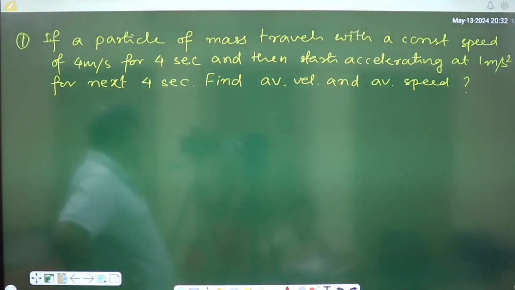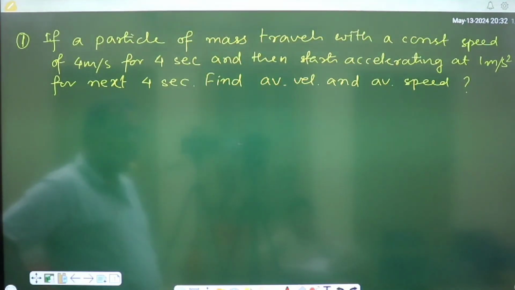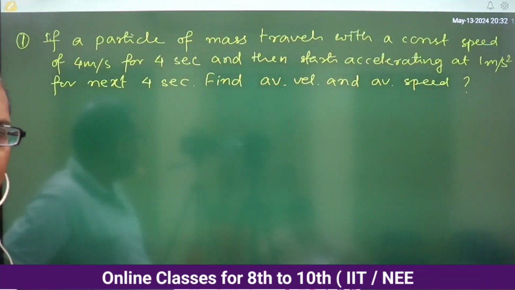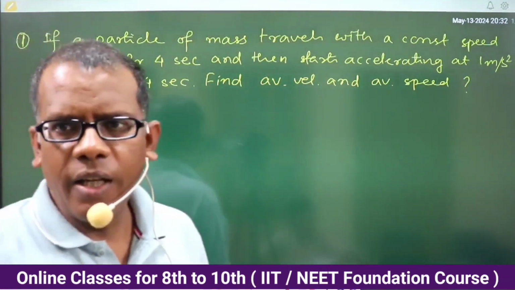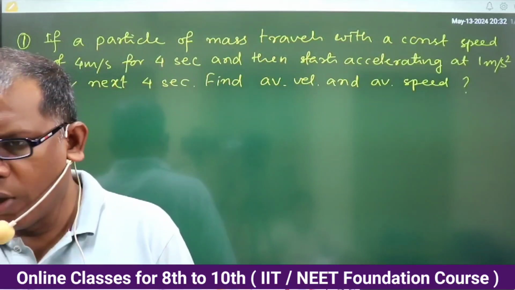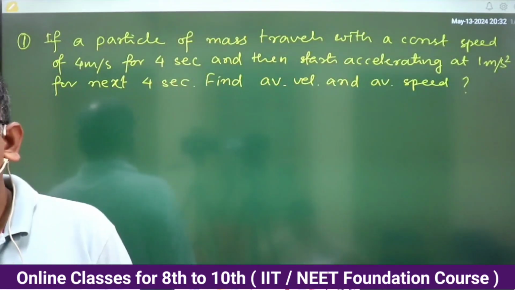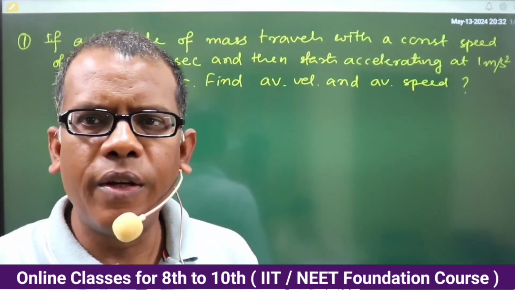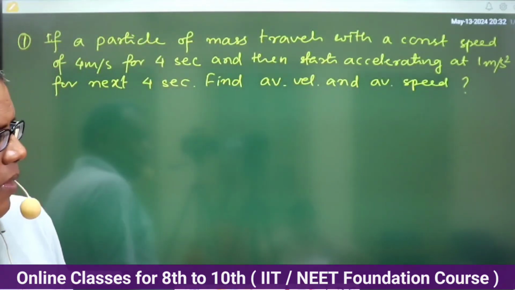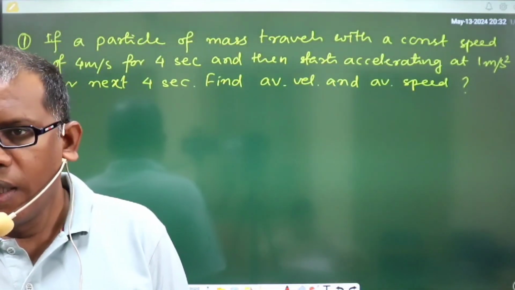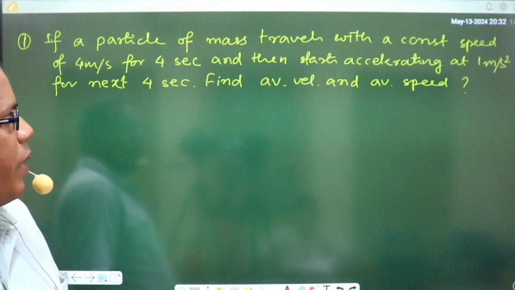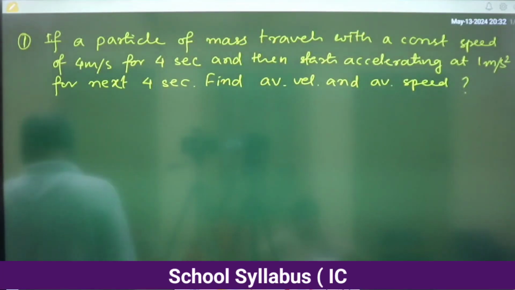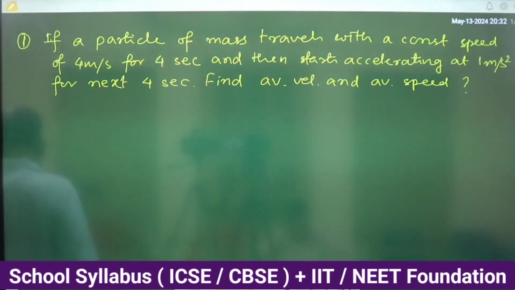Question first. Here I have mentioned the motion of a particle in an altogether 8-second journey, out of which the first 4 seconds it is moving with constant speed, as I have mentioned, that is 4 meter per second, and after that it starts accelerating.